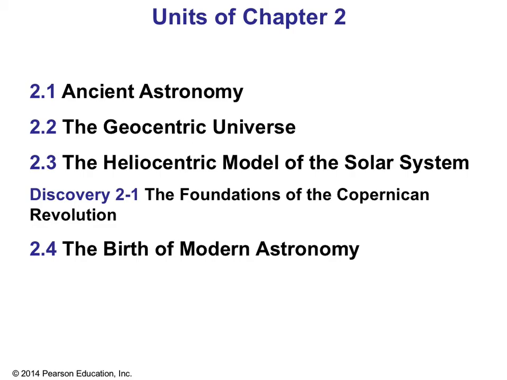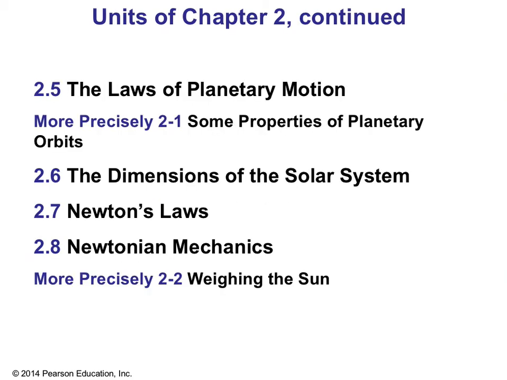And then, of course, we are going to wrap it up with some basic information about modern astronomy, followed by a little bit of physics, very basic information on the review of the laws of planetary motion, and then Newton's laws past that.